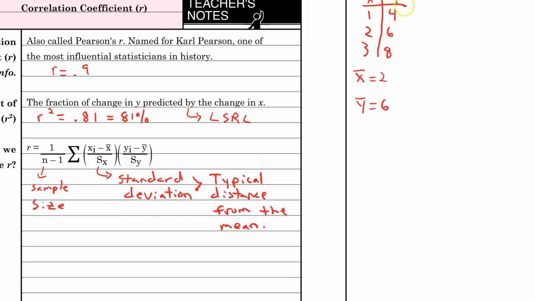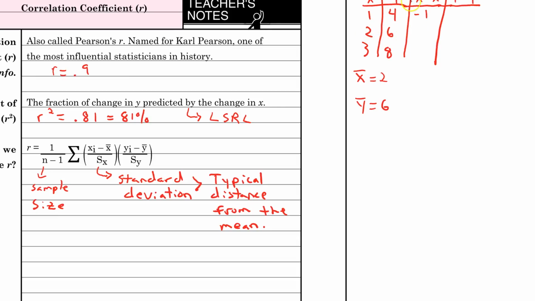Okay, I'm going to add a couple columns to my table here. I'm going to calculate each x minus the mean value, and I will separately calculate each y minus the mean value. Our x bar is 2. So our first x1 minus 2 is negative 1.